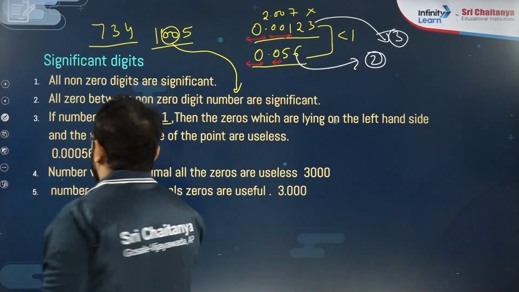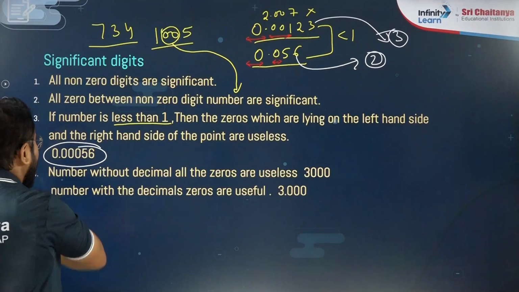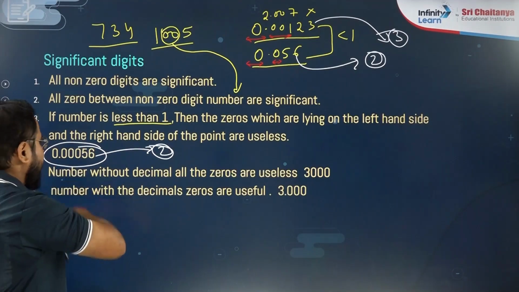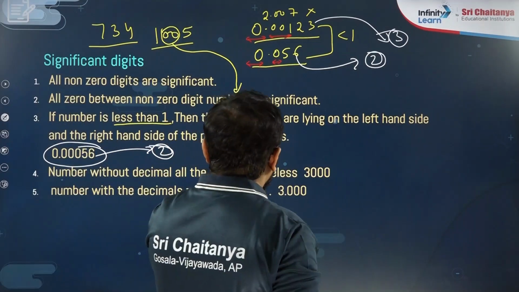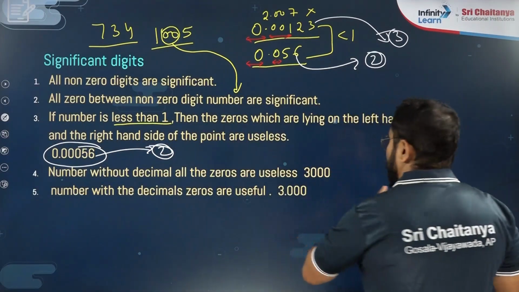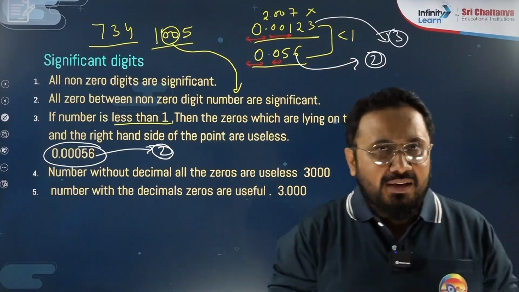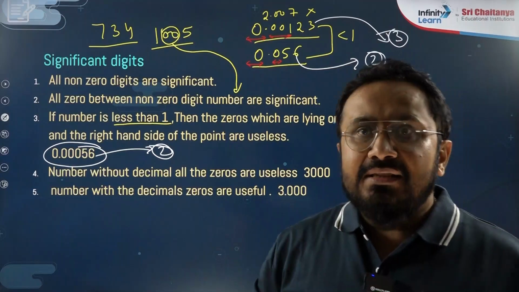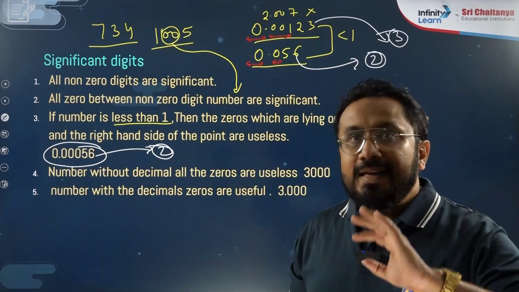So is this clear to all of you? For the example, I have given this number. How many significant figures are over here? 2 significant figures. In a number without decimal, all the zeros are useless. See, this is with decimal. Less than 1, it will be decimal only. But a number without decimal means the number will be greater than 1 and it is not having any decimal.